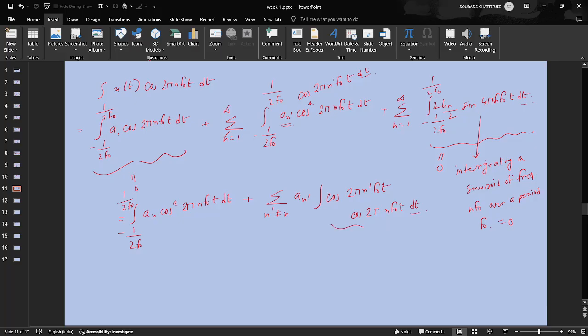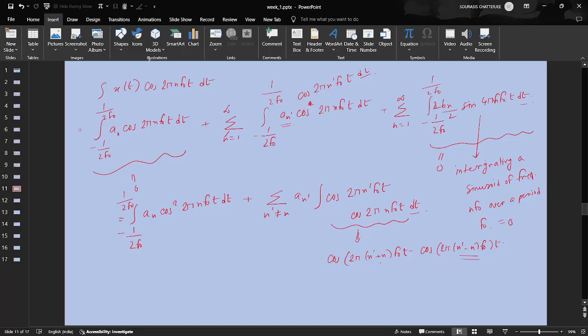Now this here you can see it would result into two integrals, that is cos 2 pi, one is (n dash plus n) f naught and another is cos 2 pi (n dash minus n) f naught t. So these are two sinusoids, one with frequency (n dash plus n) and one with (n dash minus n) f naught.